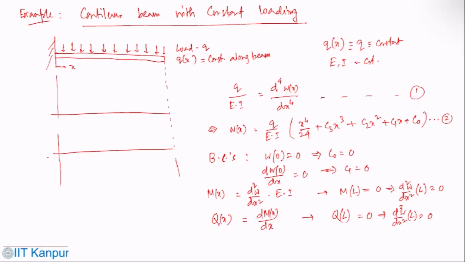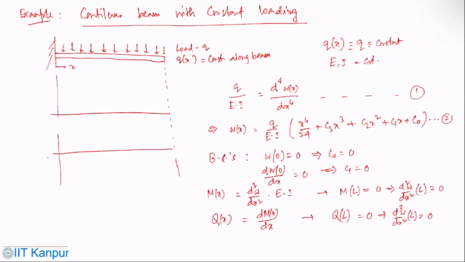Now we can use these boundary conditions. From equation 2, we can write L square by 2 plus 6 c3 x plus 2 c2 at x equals L equals 0. Let's say this is 3, this is 4.